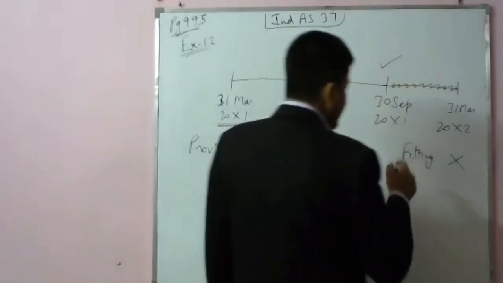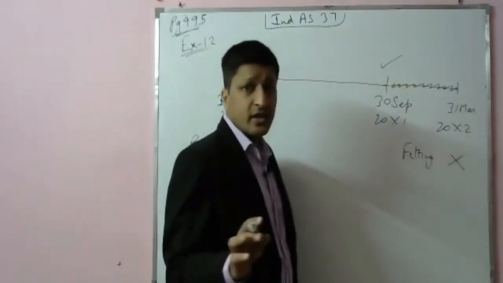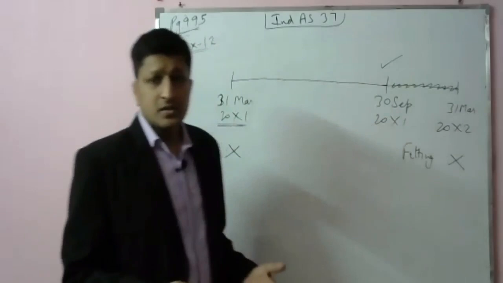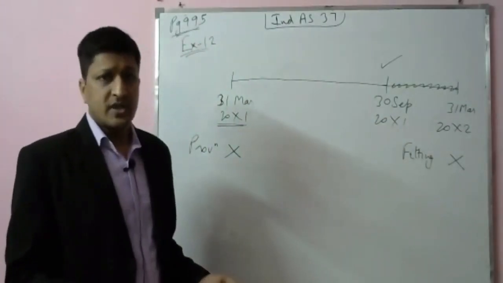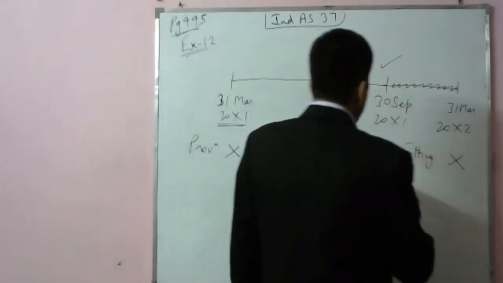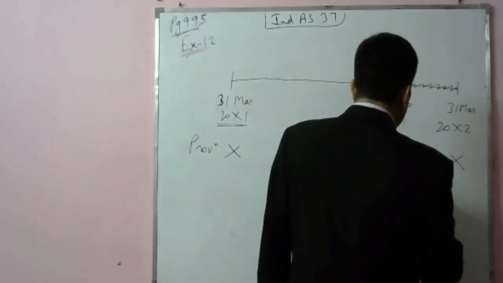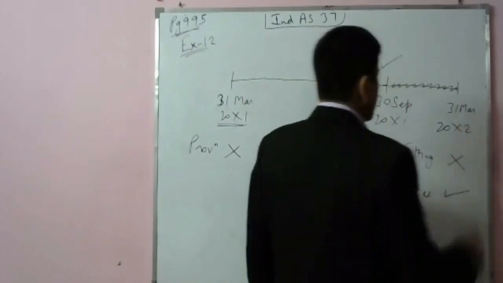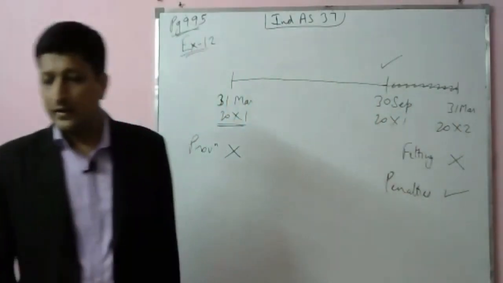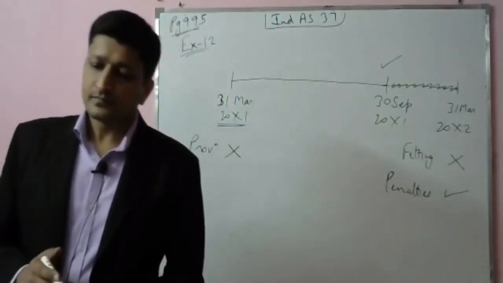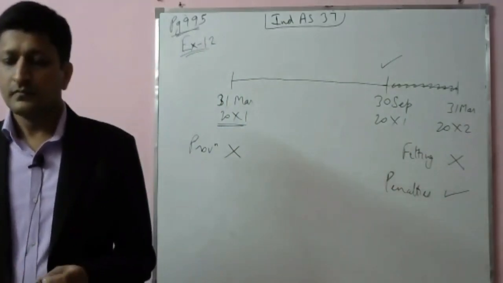So for this fitting, no provision is required to be made because there's no activity around this which has started. But for the penalties, provisions will have to be made. Okay.